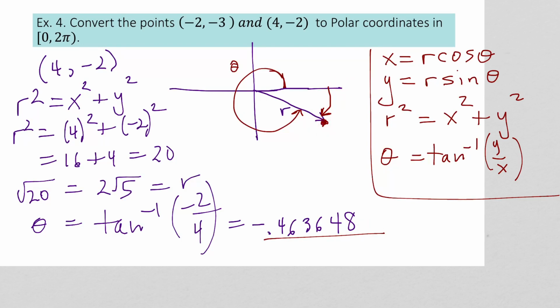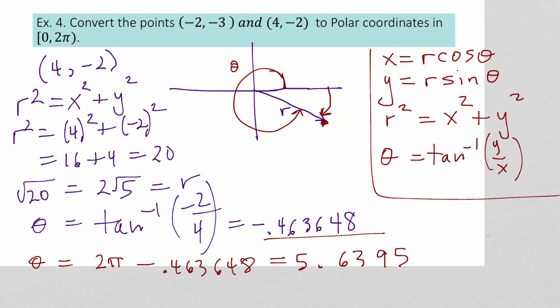So I'm going to say theta equals 2 pi minus 0.463648. I got 5.6395 radians. That's definitely in Q4 because 2 pi radians over here is 6.28, and this is 4.71.